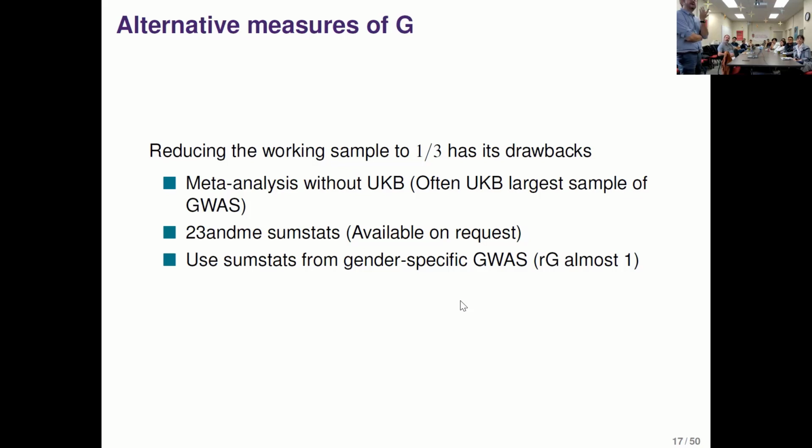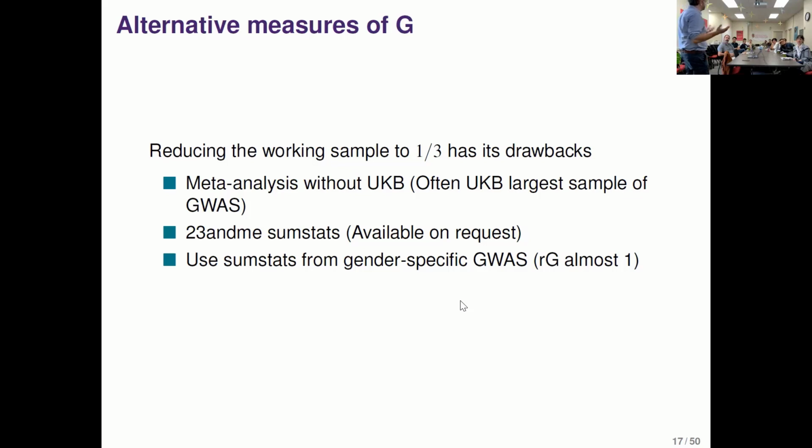Another idea is to use summary statistics from gender-specific GWAS. For example, using the GWAS already done on age of first birth and number of children in men, and using this as weights for women. So we can use per sample.